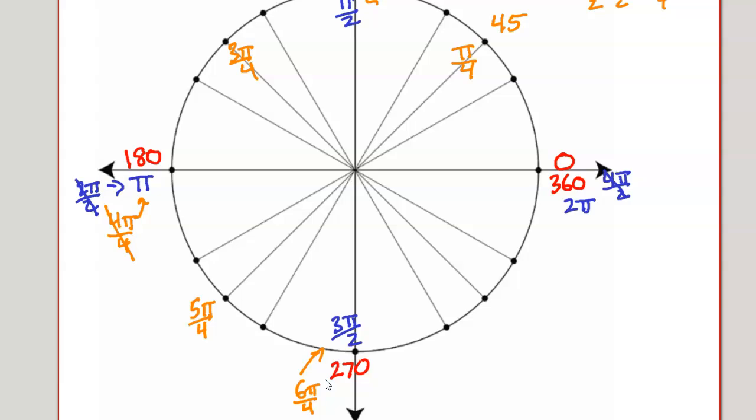You should be able to recreate it by pattern, which makes it a lot easier because you really don't have to memorize a whole lot. You just have to understand, oh, there's patterns here. Keep it going. Now we have 7 pi over 4. And then over here, 8 pi over 4. And 8 over 4 reduces to 2 pi.